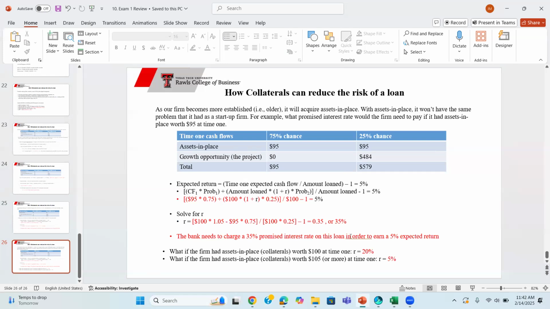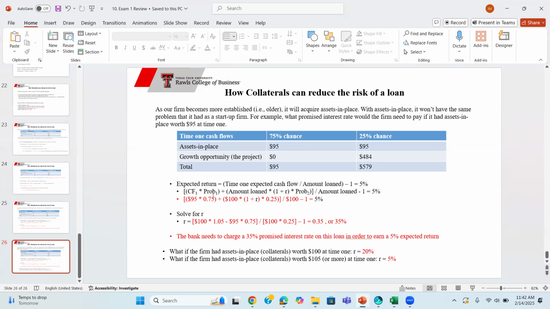In that case, the bank needs to charge a 35% promised interest rate on this loan to get the 5% expected return, right? So if you have the idea of how to start with the math, whatever information they give you, you can just solve it.